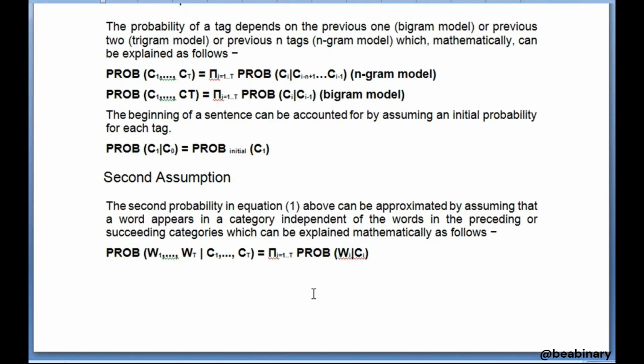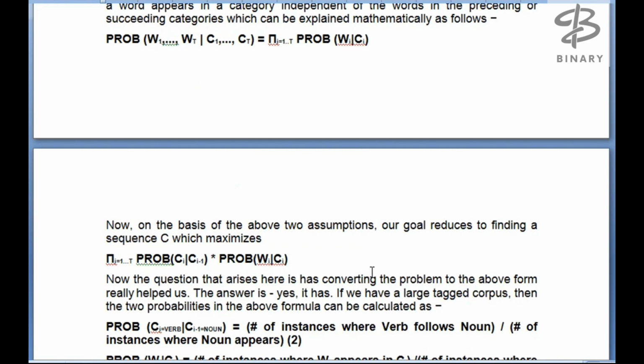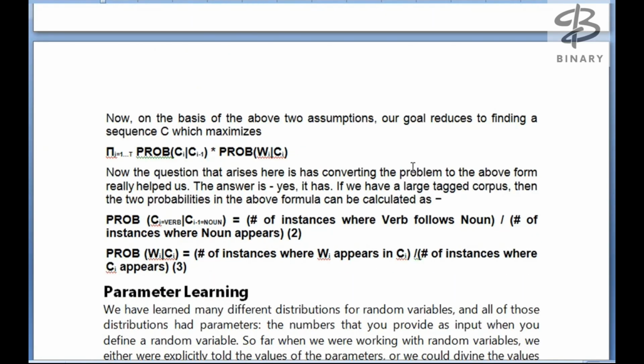Basically, the tag sequence will be the product of these and the probability of Wn given Cn. So with these two assumptions, our goal reduces to finding the sequence of tags which is the maximum.